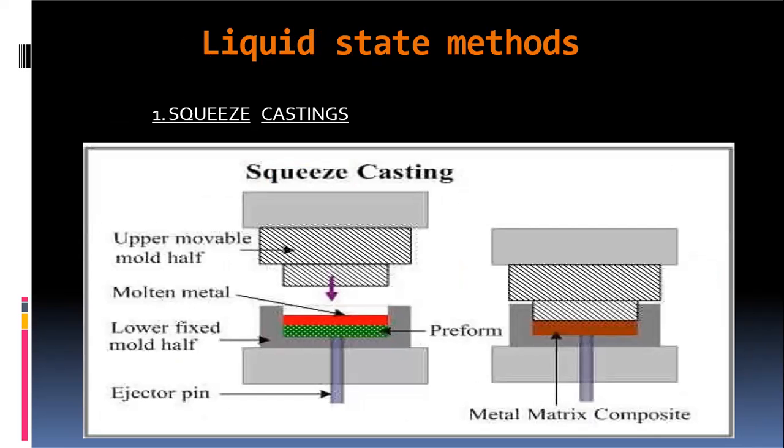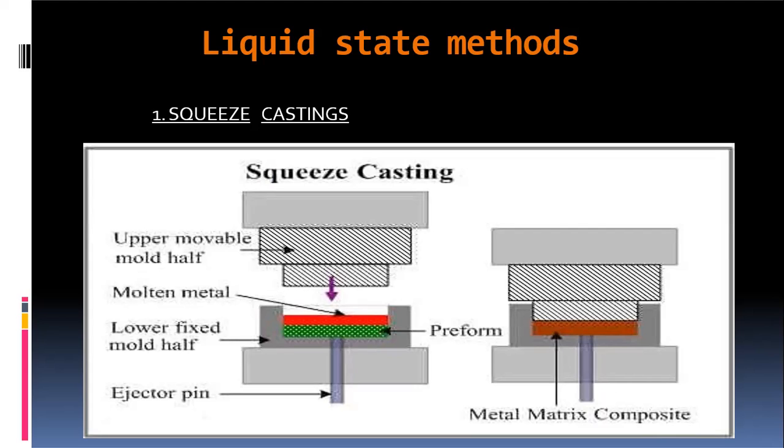Next one is the liquid state methods. First one in the liquid state methods is the squeeze casting method. In squeeze casting, an open mold is created, a closed mold is taken, and the molten metal is poured in the die.